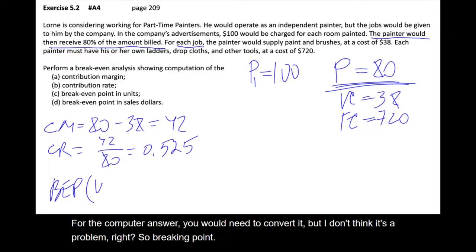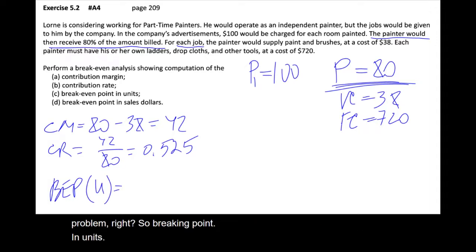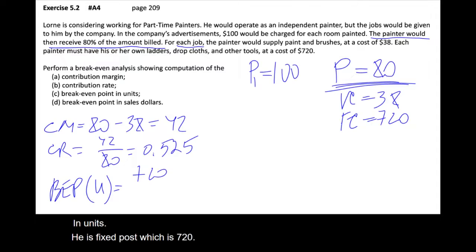So break-even point in units is fixed cost, which is 720 over 42. That's 17.14.